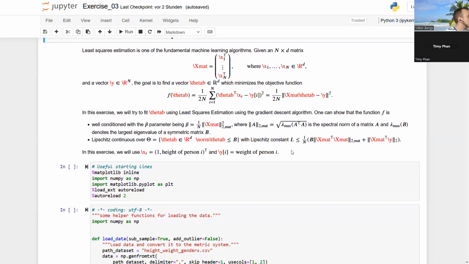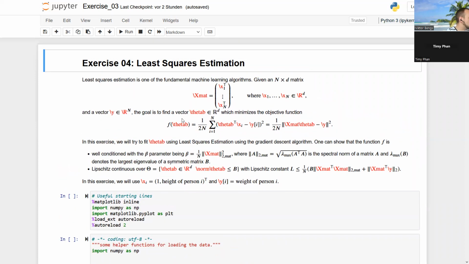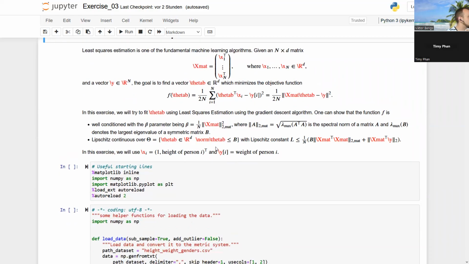And what we can say about this objective function is that we can derive a couple of things about it. First of all, it's a well-conditioned function. Not surprising: in this representation with the squared Euclidean norm, this is a quadratic function with respect to our parameter theta.